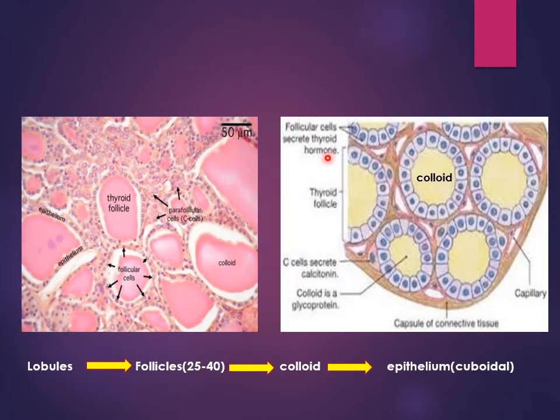This is a slide to show you the picture of all this. This is your lobule, which consists of numerous follicles. Each lobule consists of 25 to 40 follicles, and each follicle is lined by cuboidal epithelium and contains colloid.